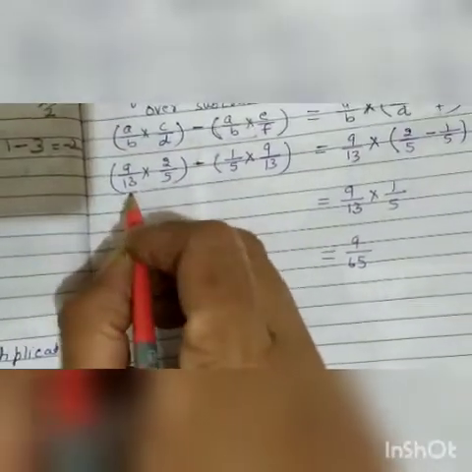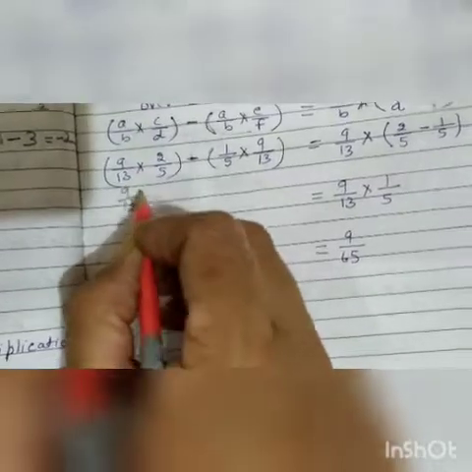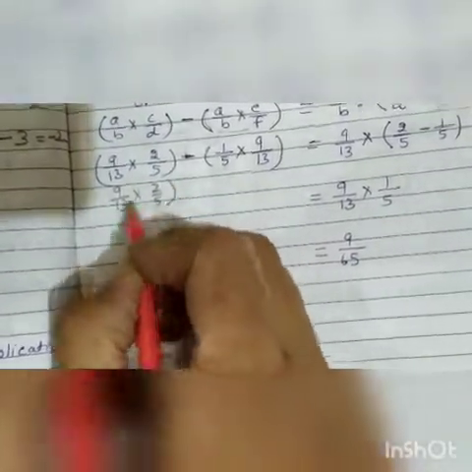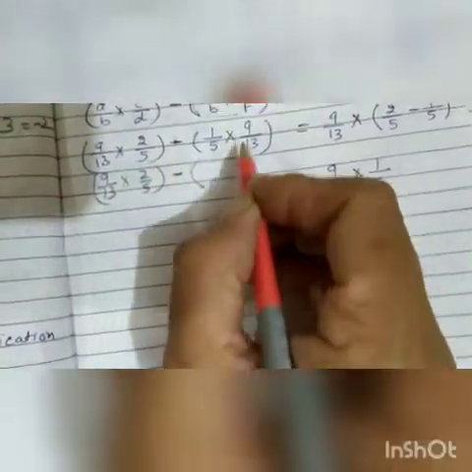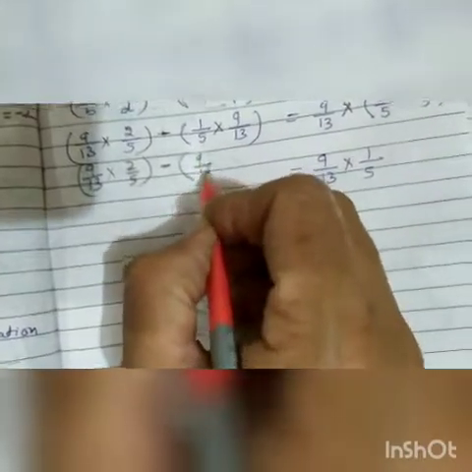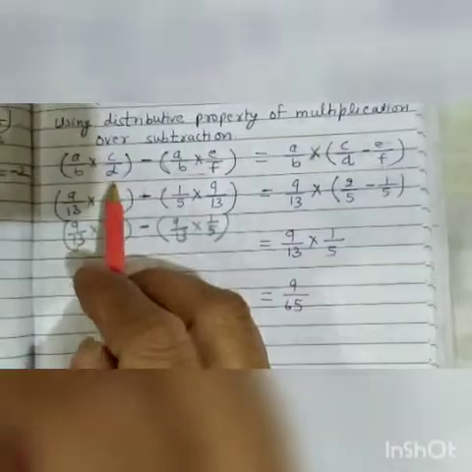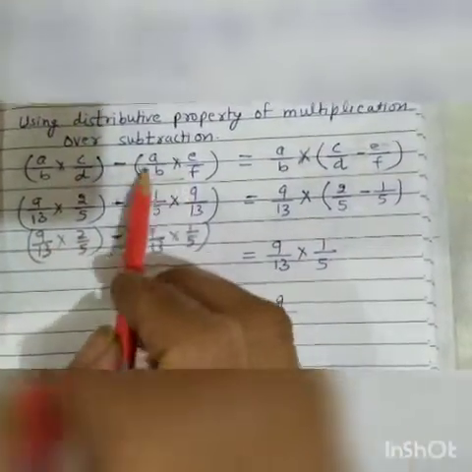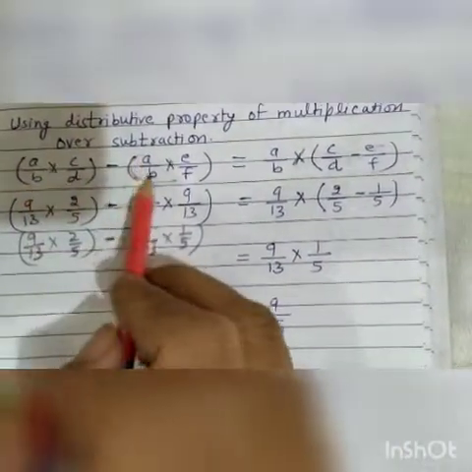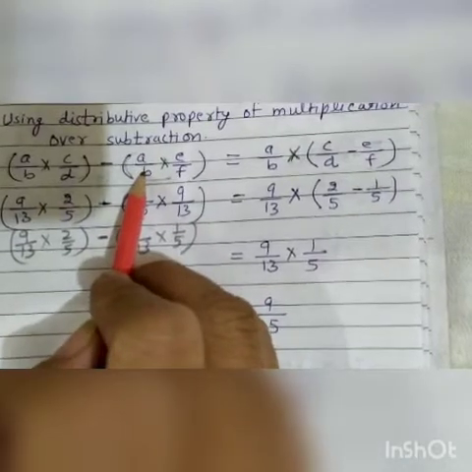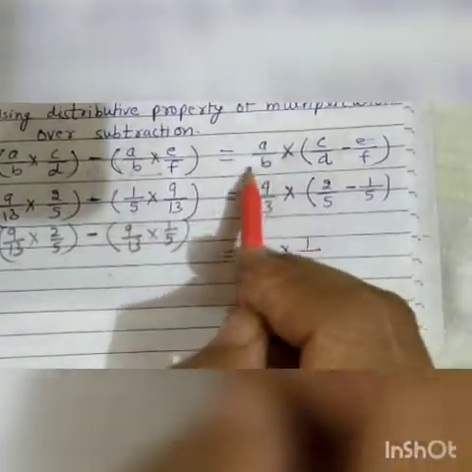We will consider as 9 upon 13 into 2 upon 5 minus, we will write this 9 upon 13 here, then multiply 1 upon 5. Students, pay attention, in these two brackets this a upon b both are same. So we have written it out of the bracket.